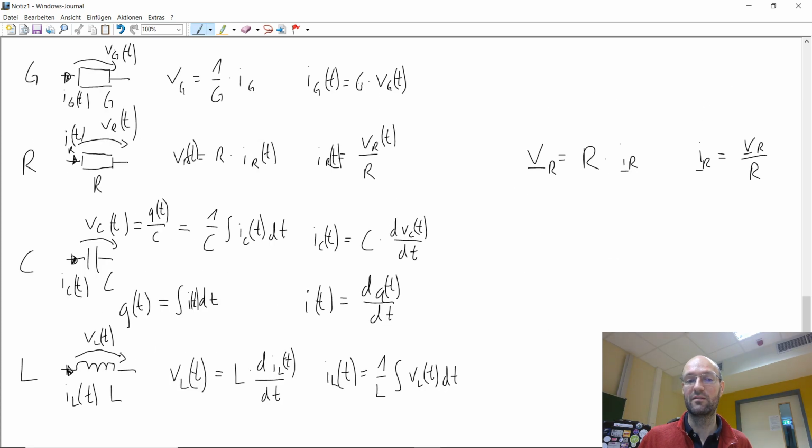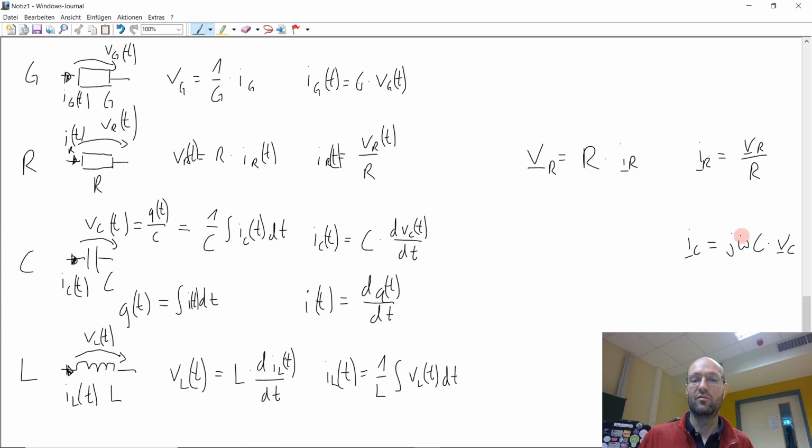If we go back here, now I see the complex phasor, and here we have the time derivative of this complex phasor, and time derivative means multiplication with j omega. So we get j omega C times our voltage function.